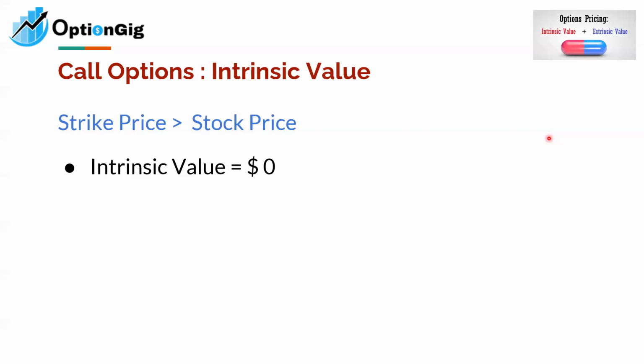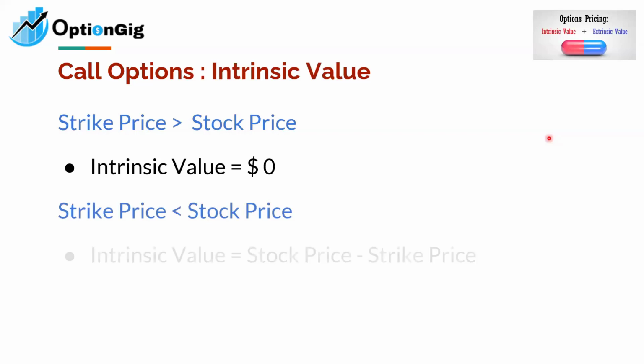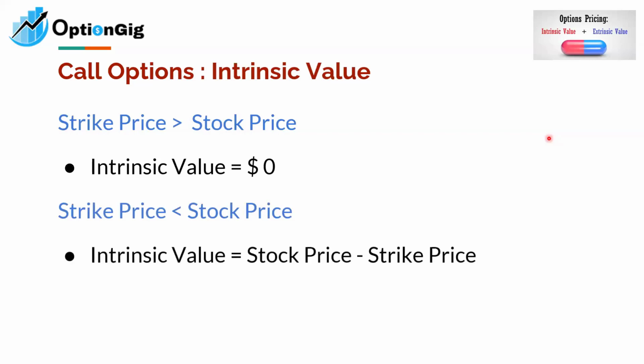So the intrinsic value is 0 in this case. If the strike price is less than the stock price, then the difference is the intrinsic value for that option. The remaining part is extrinsic value.